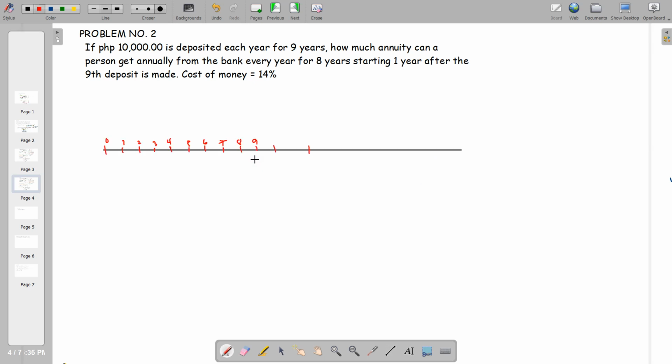So for 9 years, you're going to deposit 10,000 pesos. When we say deposit, that will be a cash outflow, or that is a downward arrow. Say this is 10,000 deposited for 9 years.